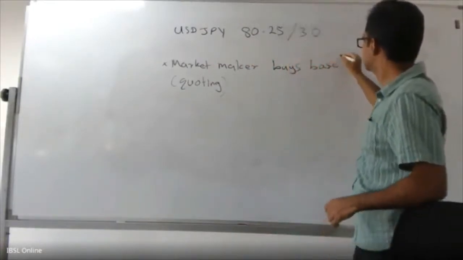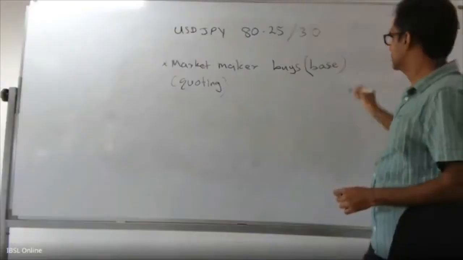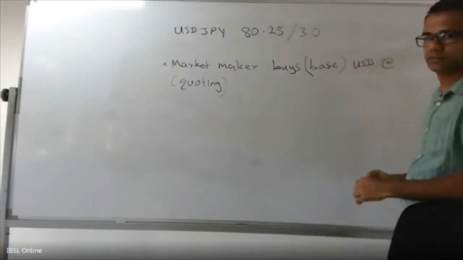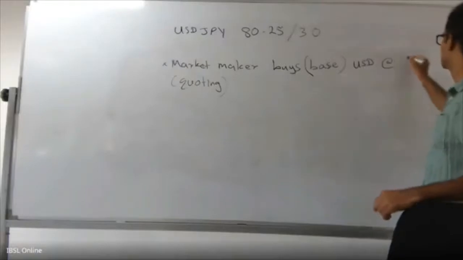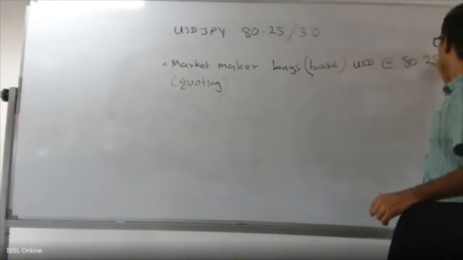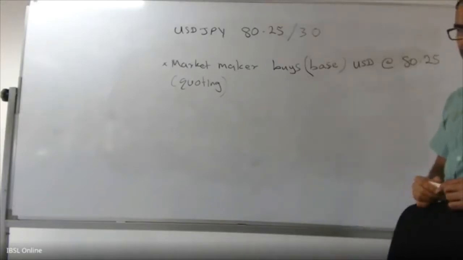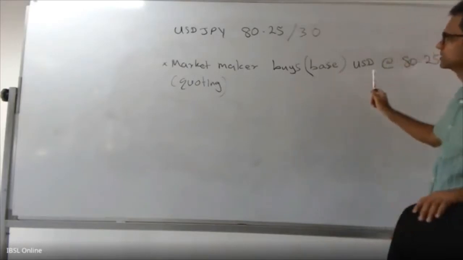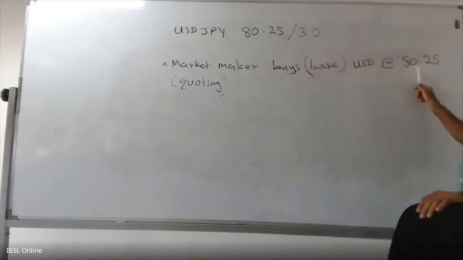What is the base here? USD, at 80.25. What is the price that he is going to pay in yen to buy $1? So he buys dollars, the base currency, at 80.25.